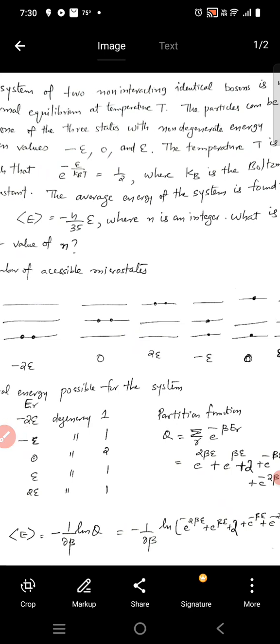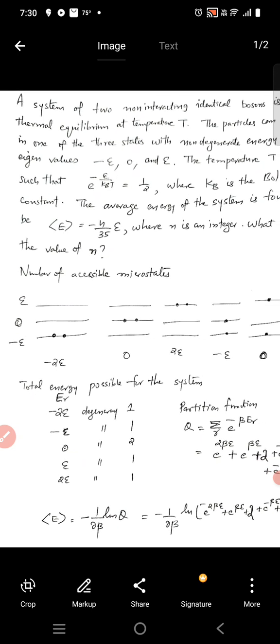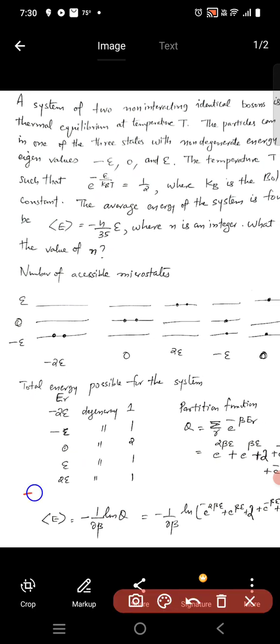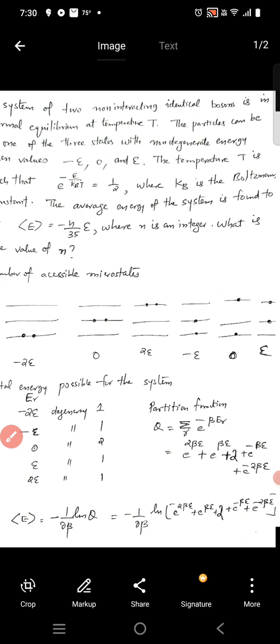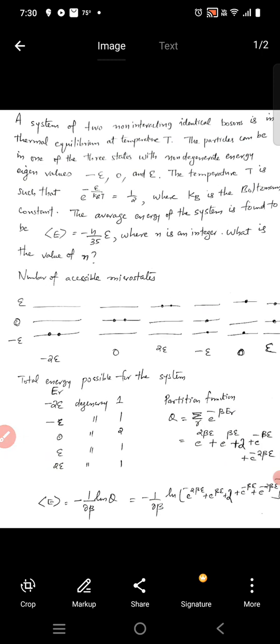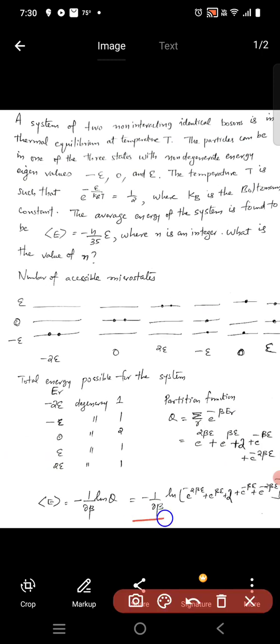The average energy is calculated from the partition function using this expression: minus dou by dou beta of log q. Beta here is 1 by kT, or 1 by kBT. So we are taking the negative dou by dou beta of the log of the partition function.